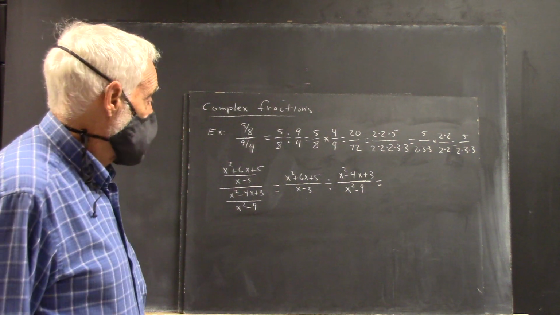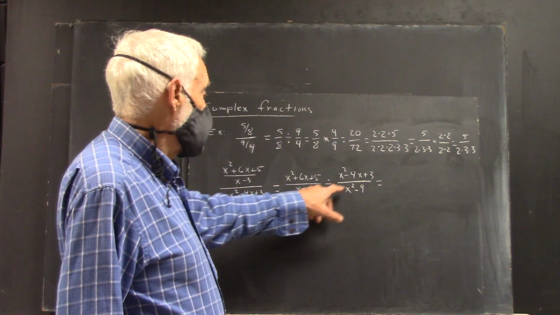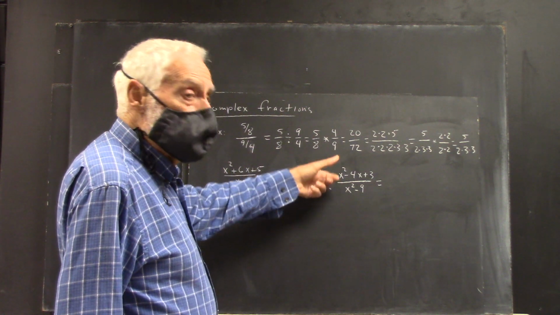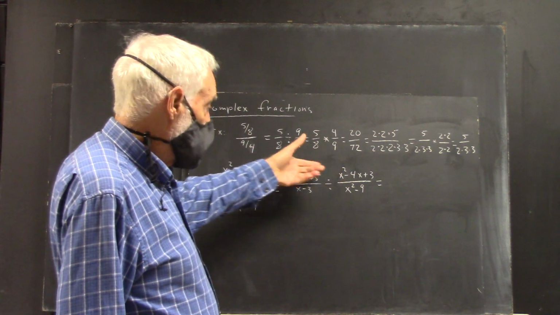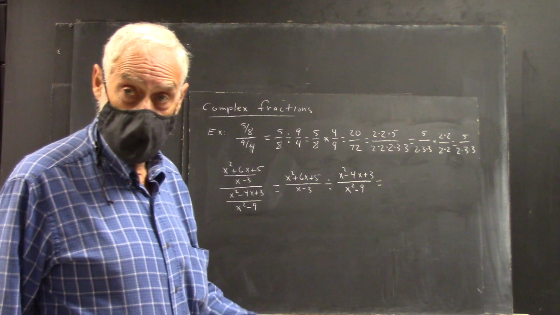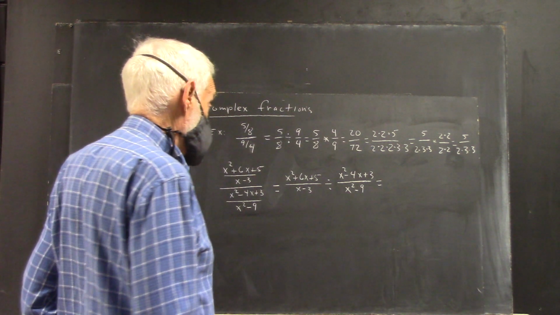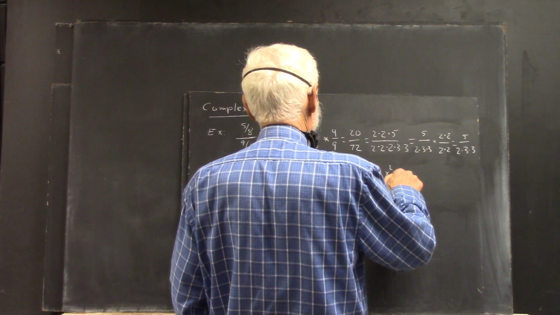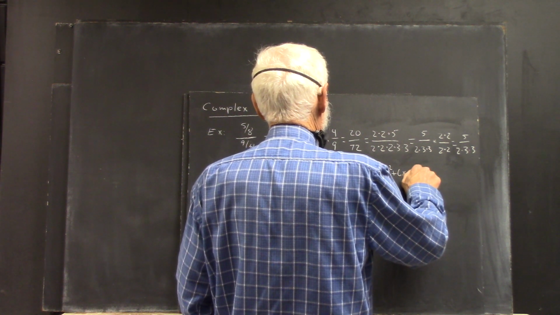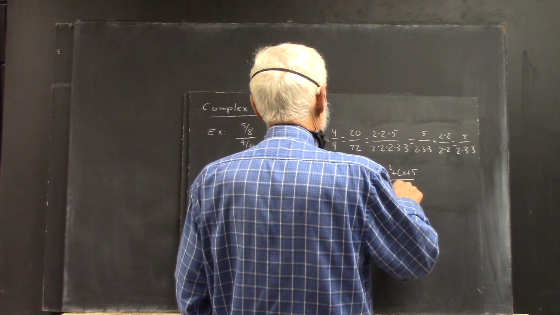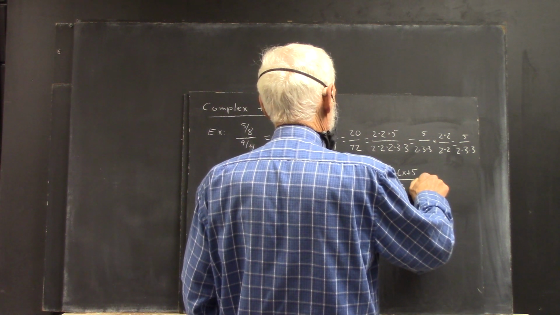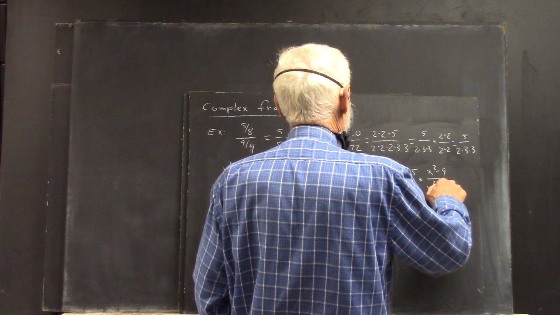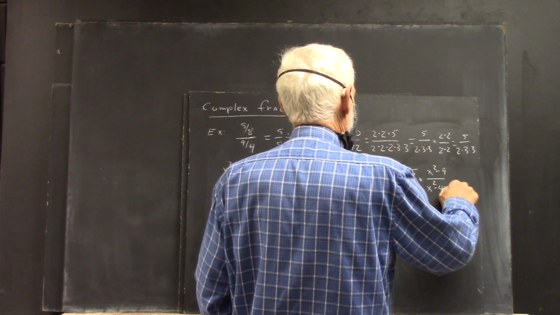So we have this divided by this, and this is the same as this. Now we're going to do the reciprocal. That's what I did: I did divided by, and then I did the reciprocal. So don't do what I did. In any case, this gives us x squared plus 6x plus 5 divided by x minus 3 multiplied by x squared minus 9 over x squared minus 4x plus 3.